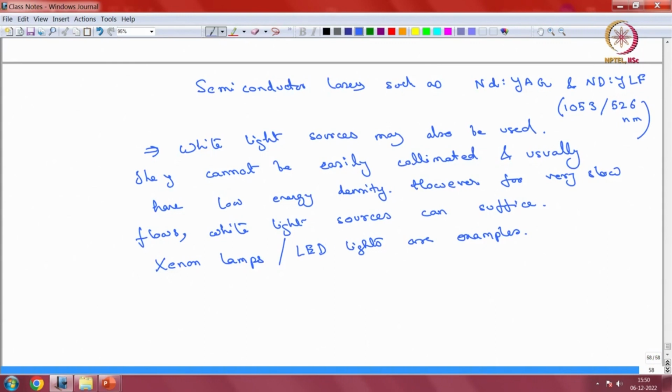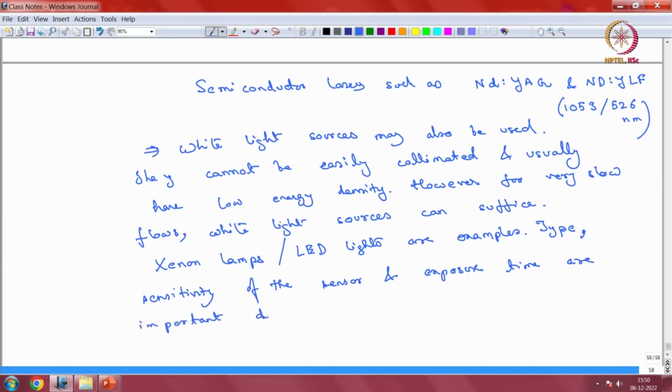So now to decide all this, you have to look at the type, sensitivity of the sensor and exposure time, which are important determinants of the type of light source.